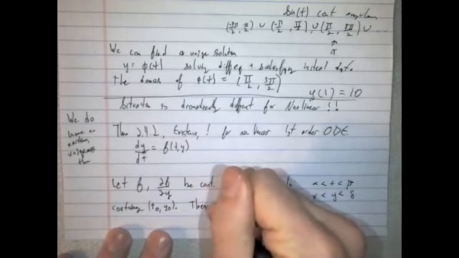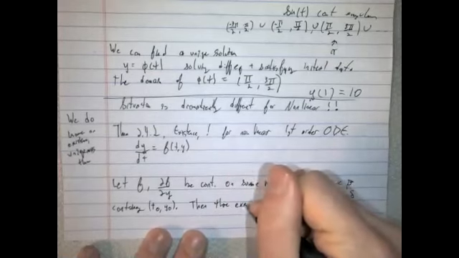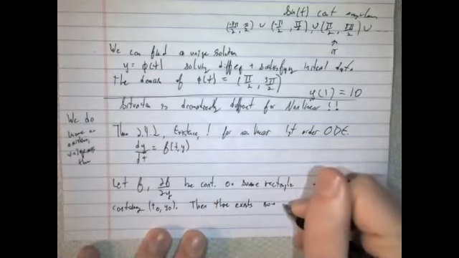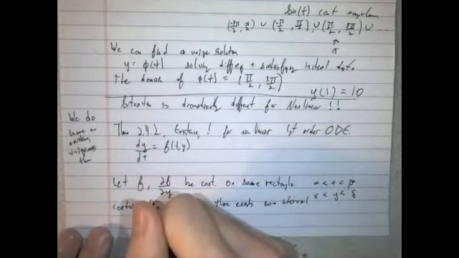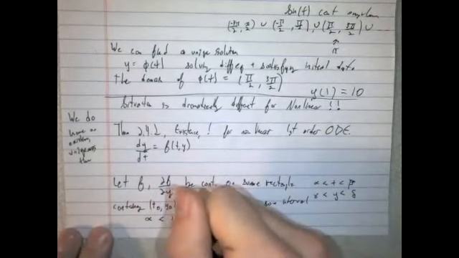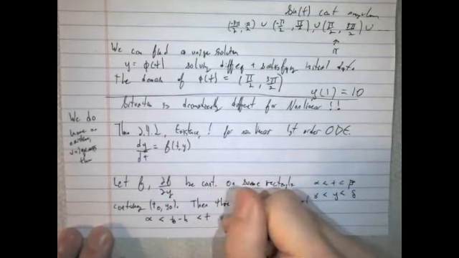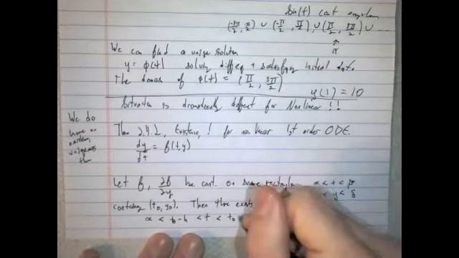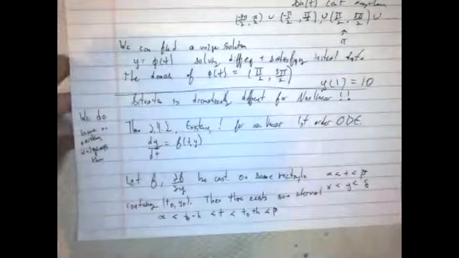Then there exists some interval of the form alpha less than t0 minus h less than t less than t0 plus h less than beta. This is going to be a mess because now I have to write it on the other side.